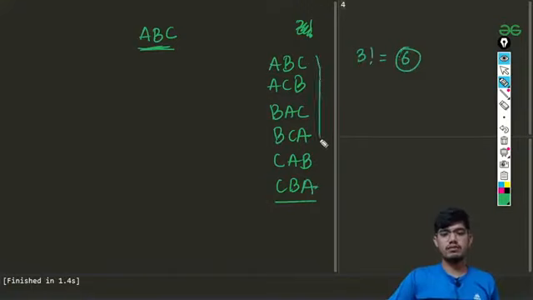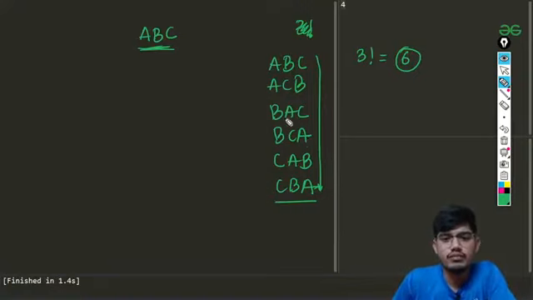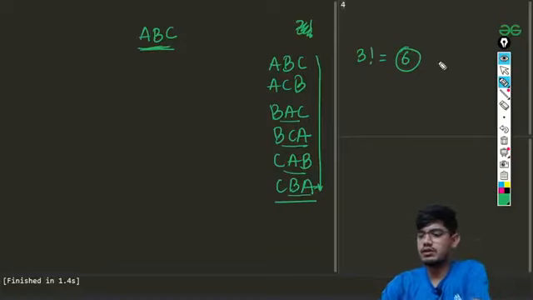So the total number of permutations possible in this case is 6. So BAC is there, BCA is there, CAB, CBA, all are there. That is how we find the total number possible.